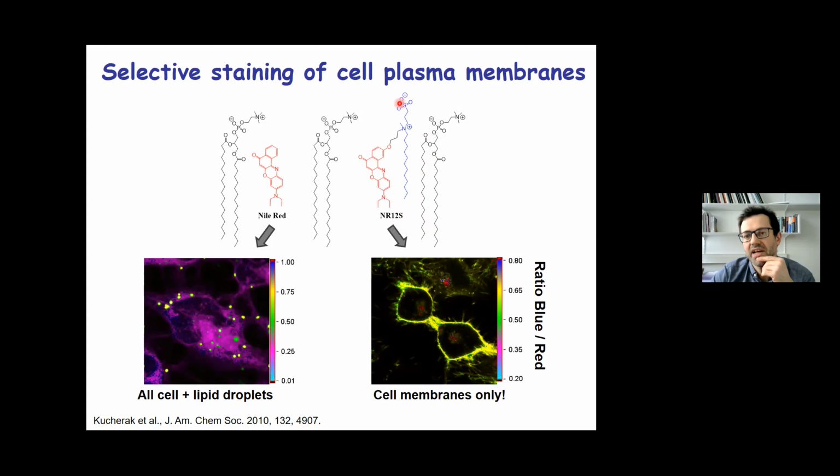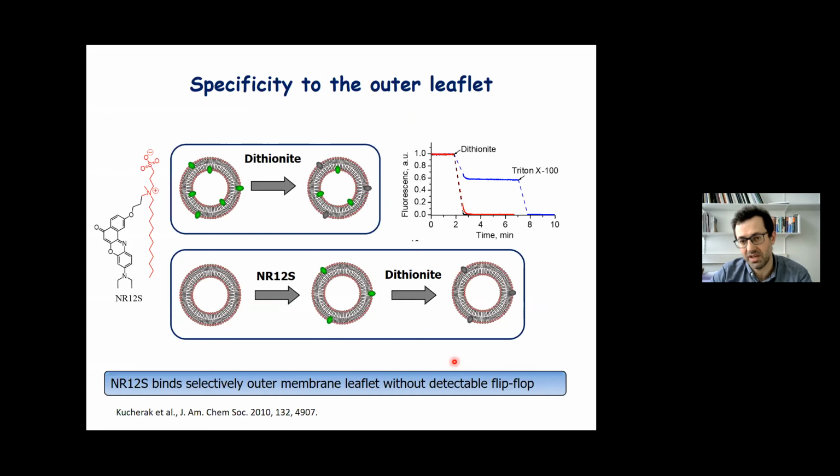In this case, we added a zwitterionic group with an alkyl chain to the fluorophore, so it is a lipid-like charged group and a chain; it looks like a lipid. The molecule is sufficiently soluble; it does not precipitate when you add it to the cells, and it binds rapidly to the cell membrane, and you see only specific cell membrane staining.